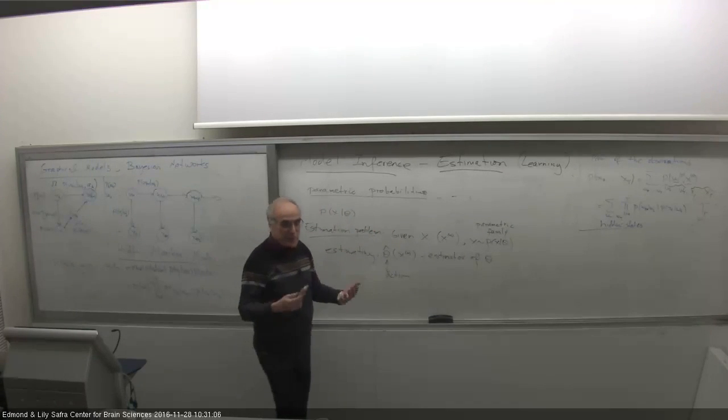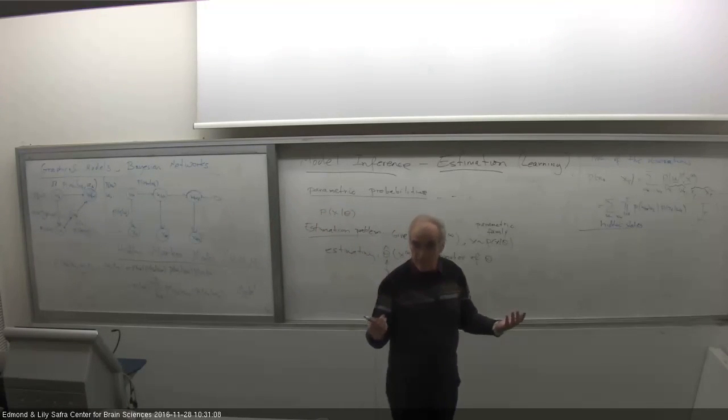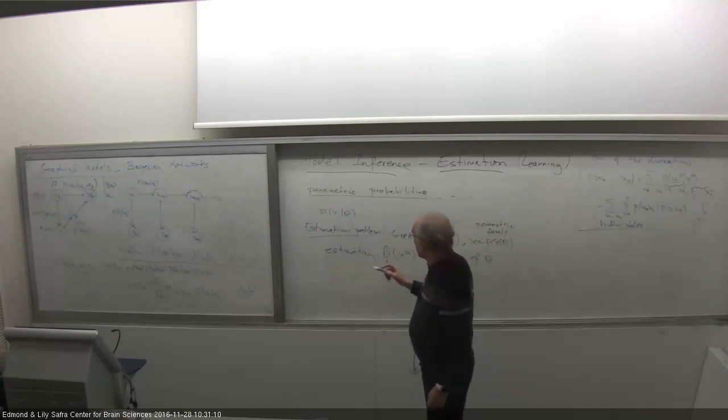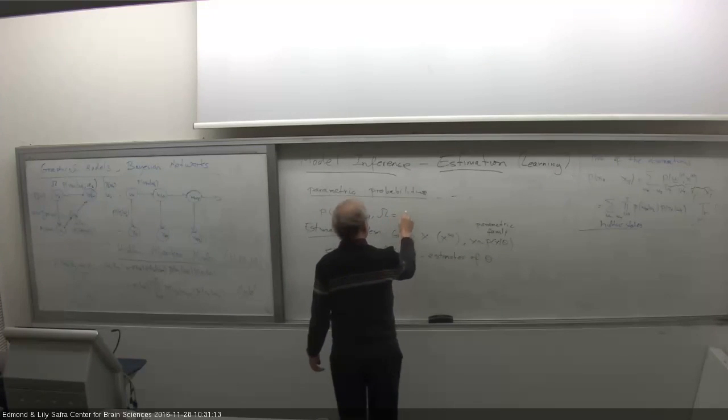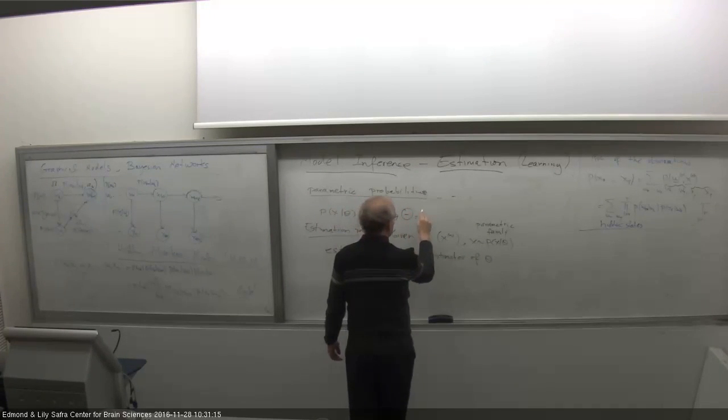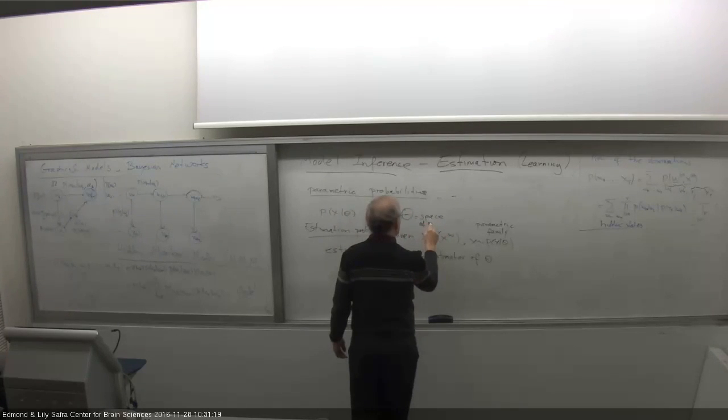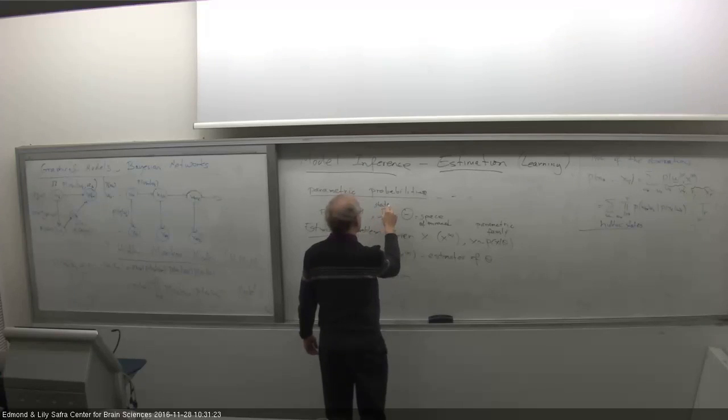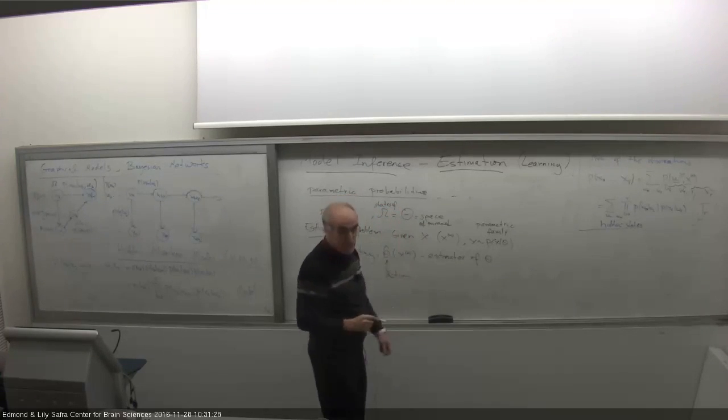In order to actually apply our Bayesian decision theory to estimation, we now make the following analogy. So omega is now theta, the space of parameters, the state of the world.